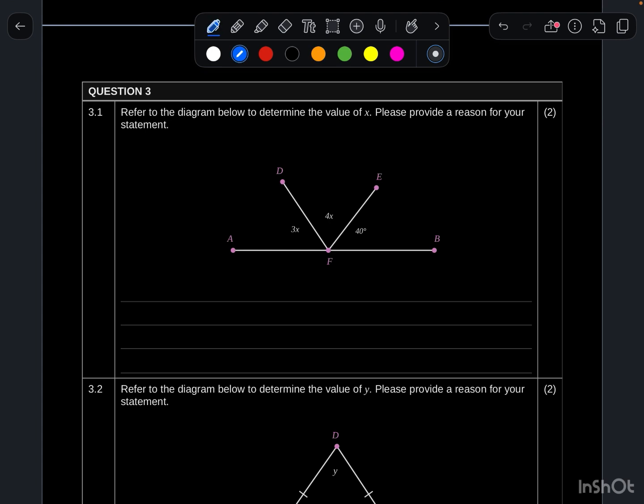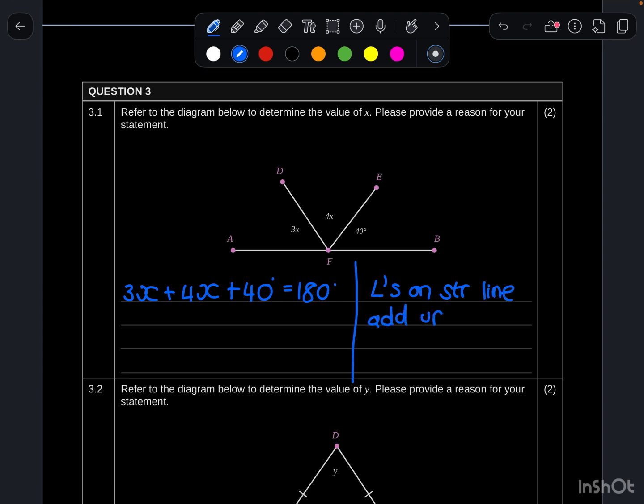So what I'm going to say is 3x plus 4x plus 40 is equal to 180 degrees. My reason is angles on a straight line add up to 180 degrees. Okay, we can see it's 180 like that.